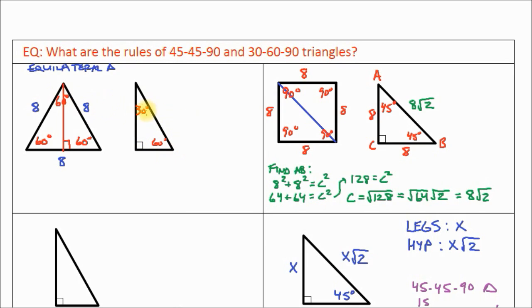Now, there's a couple things we know about the sides. We know that since we drew this line straight down from the top through the middle, because we bisected this angle, we also bisected this particular side because it is an equilateral triangle, and that means we know that the length of this side is 4. Let's go ahead and label our vertices, by the way.